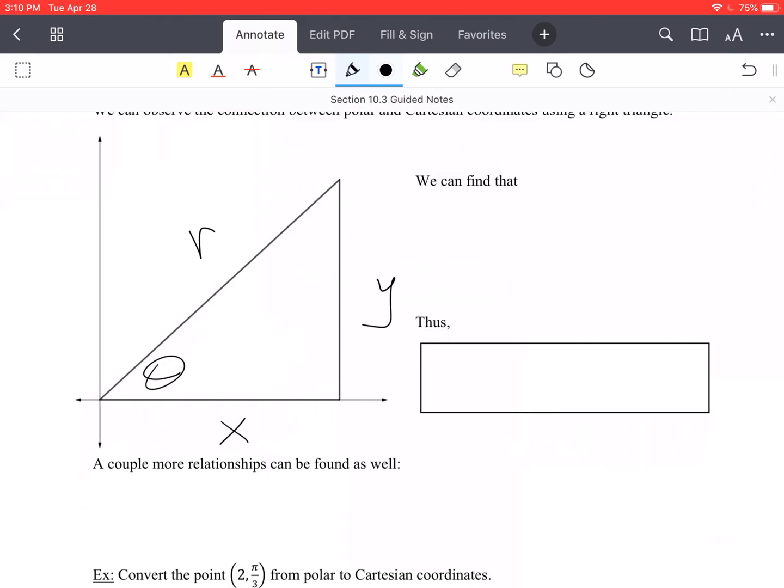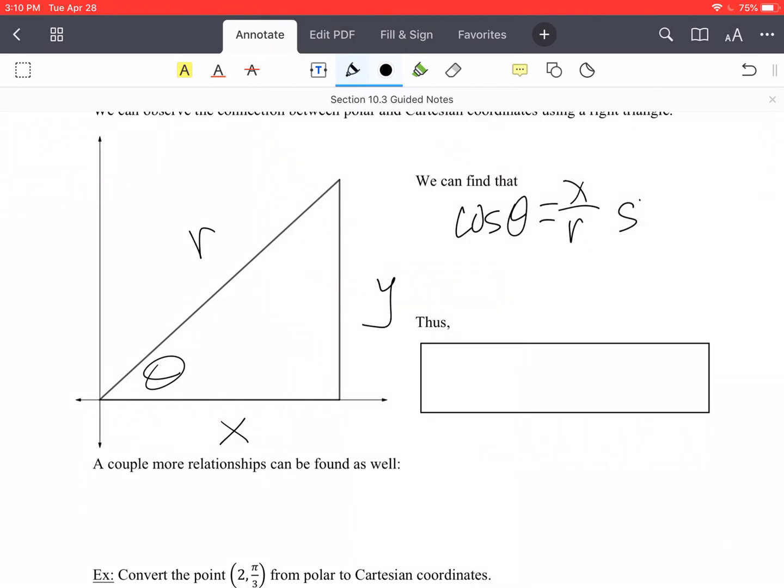And there's theta. Okay. So trying to get a relationship between r and theta and x and y, we can use trig. So if we look at the cosine of theta, that's adjacent over hypotenuse, so that's x over r.